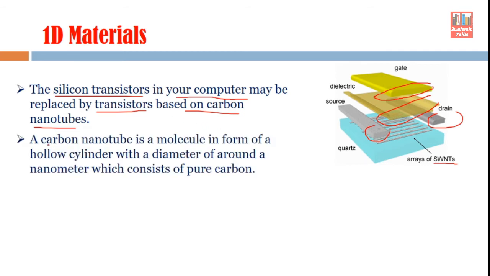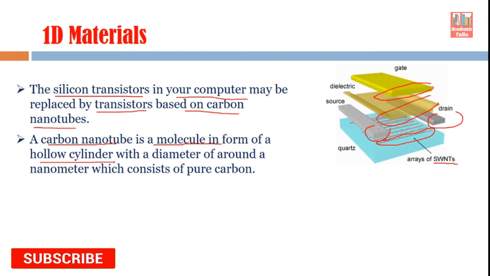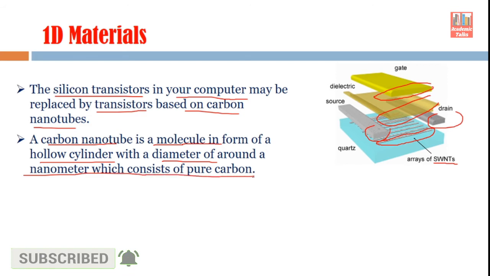The carbon nanotube, which I was just showing here, this kind of tube, this is one carbon nanotube. That is actually a molecule in the form of a hollow cylinder with a diameter of around a nanometer, which consists of pure carbon. So it is made of carbon and its diameter is about several nanometers, you can say.